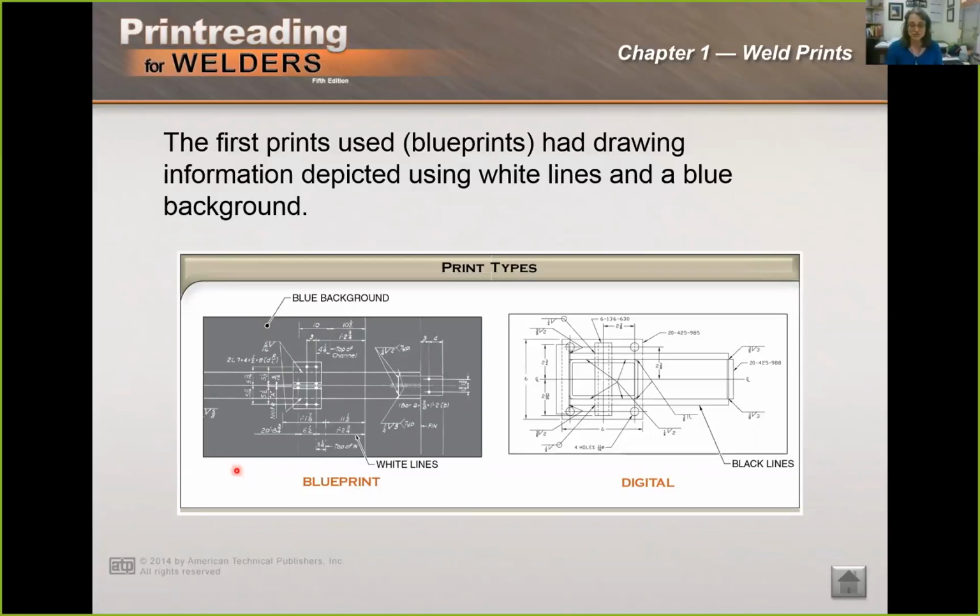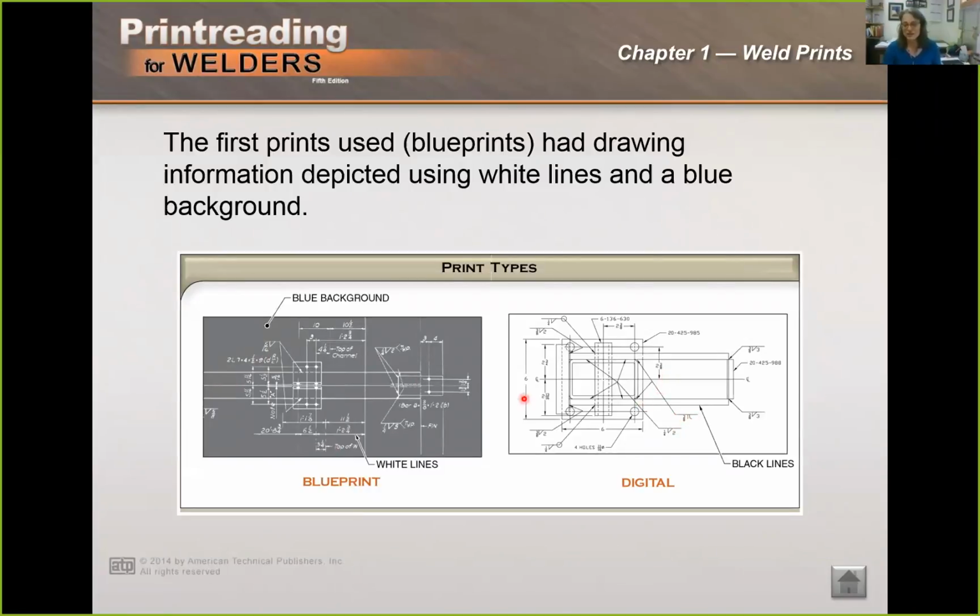That was the original drawing. They began to be used in 1840 when a method was discovered that would produce paper sensitized with iron salts that would undergo a chemical change when exposed to light. And so you would get prints that had white lines on blue backgrounds.